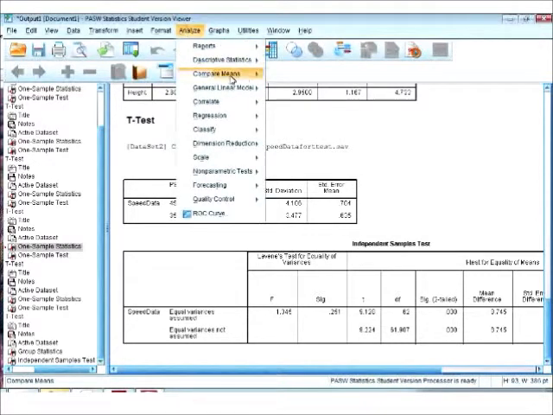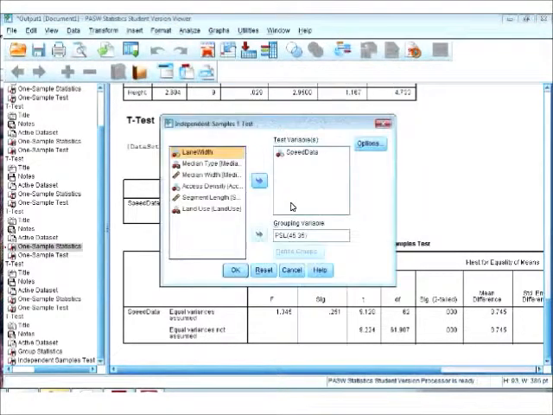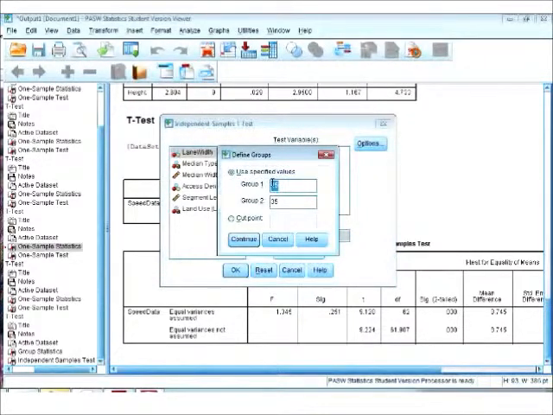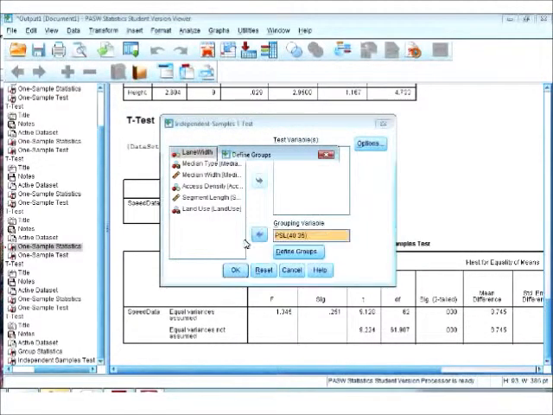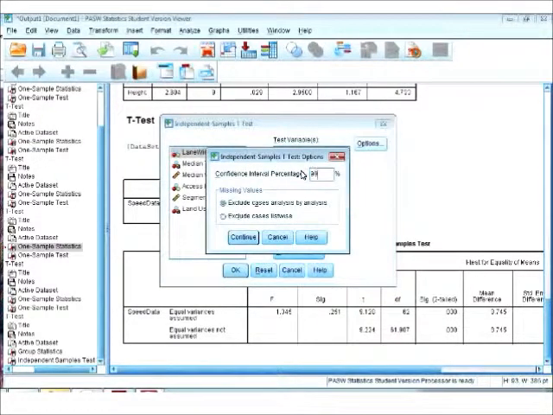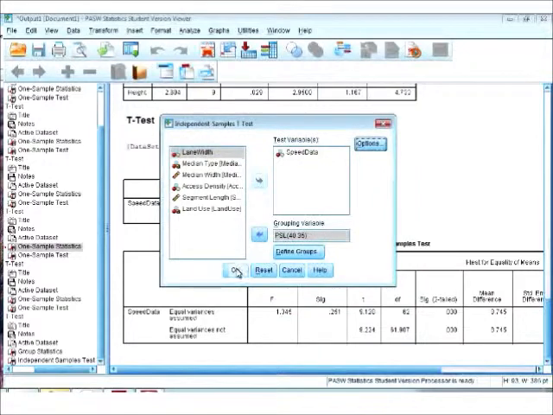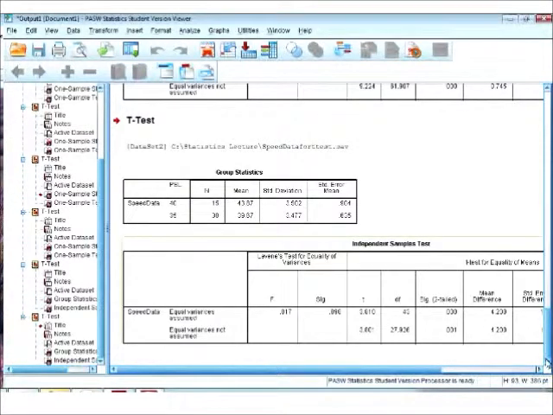Okay. Now let's do this example once again, and let's see if there is any difference between 40 and 35. And let's change our confidence level to 99% and see what happens. Now you see the mean values under each group.